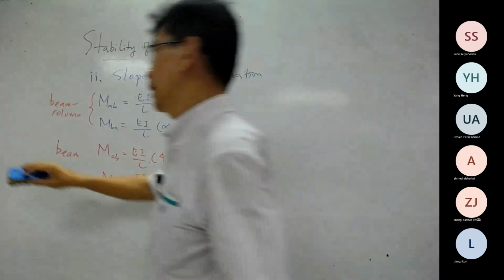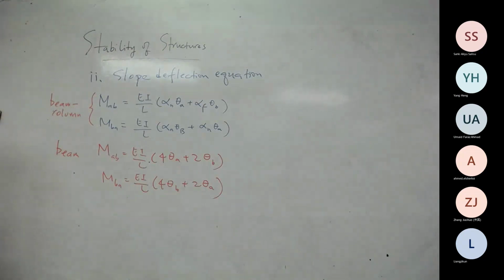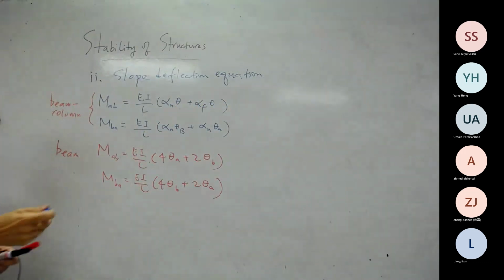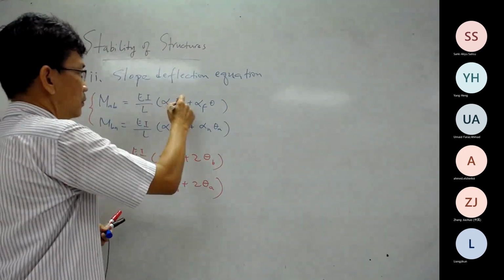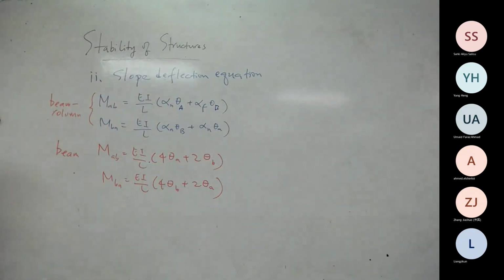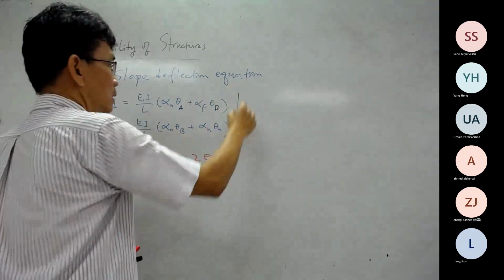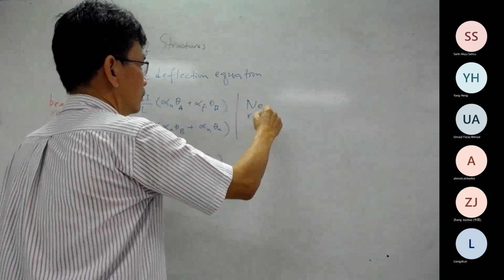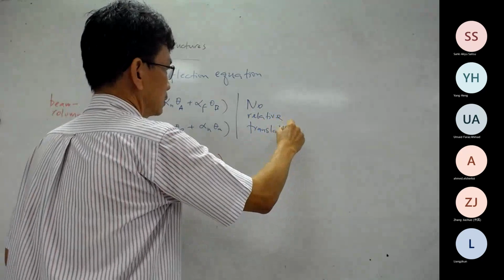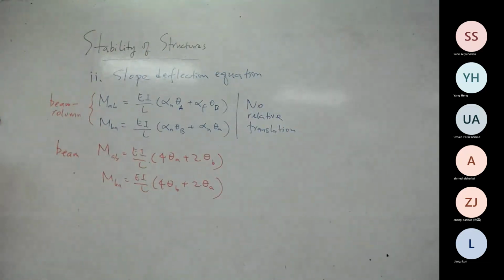Then, how to apply this set of equations, you first have to identify which rotations are not zero. But of course, this is for the case where you have no relative translation, which means the columns don't translate relatively.